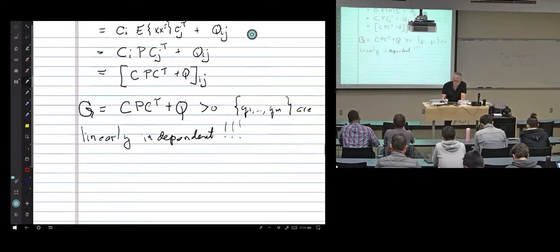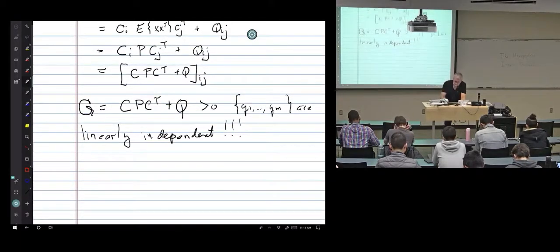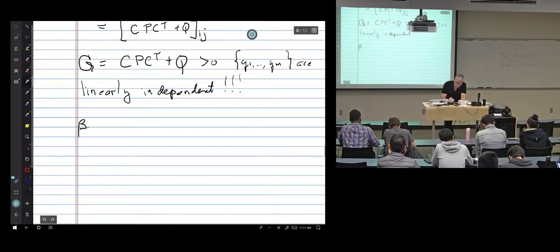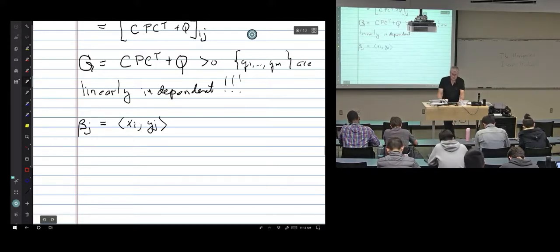Okay, so for the normal equations, we need G alpha equals beta. So what does beta equal, okay? So the jth component of beta is the inner product of xi, the thing we're trying to estimate, with the jth component of our basis for y.